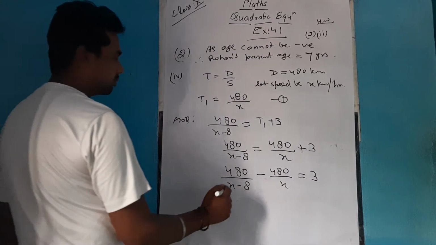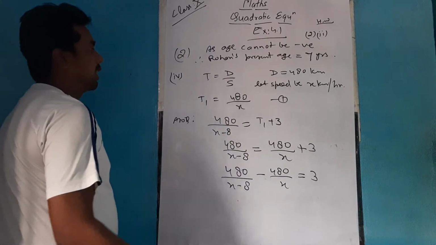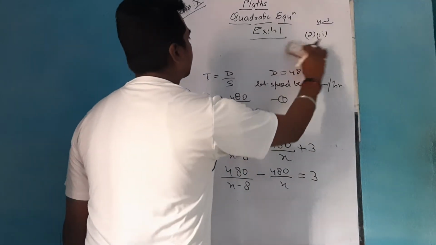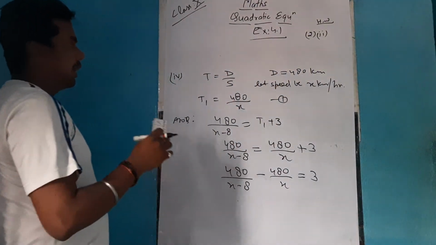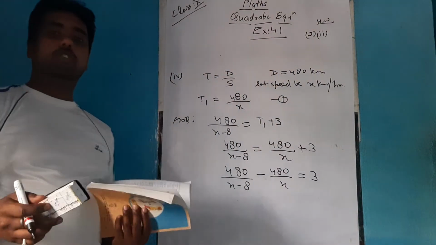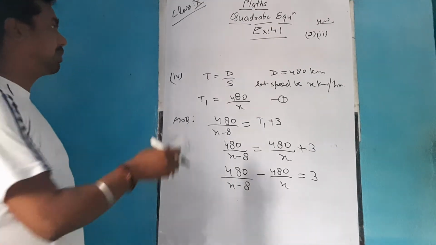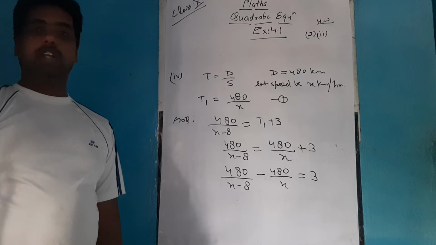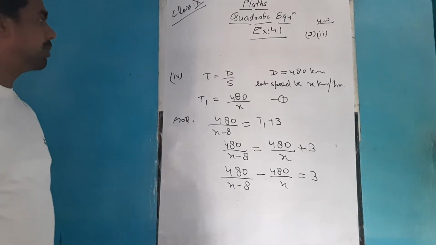Now here we'll take the LCM. I hope it is clear. We are going to form the equation in the form of distance by speed, as time is distance by speed. Distance is given as 480 km, speed I have taken as x km per hour.